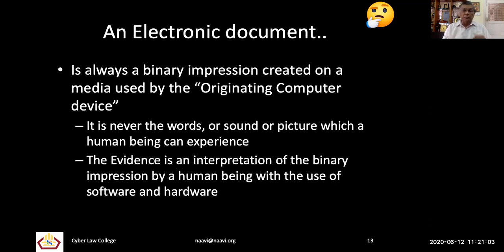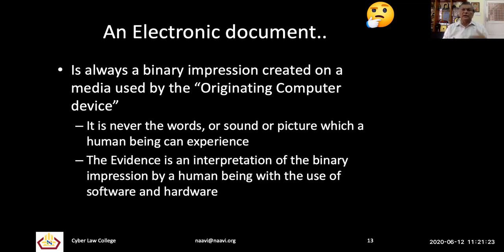So it depends both on the hardware, software, as well as the prior knowledge of the person who is observing the electronic document. So what we call evidence is dependent on the electronic device and dependent on the knowledge of the beholder.